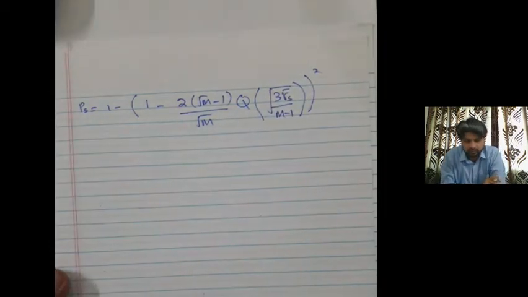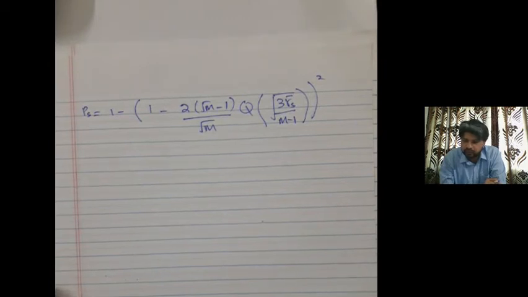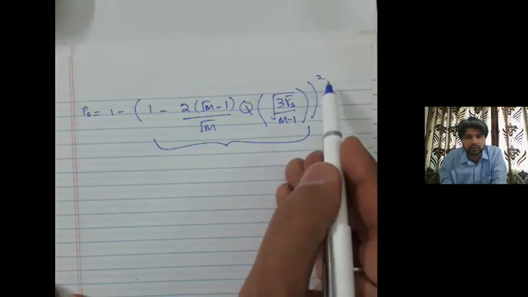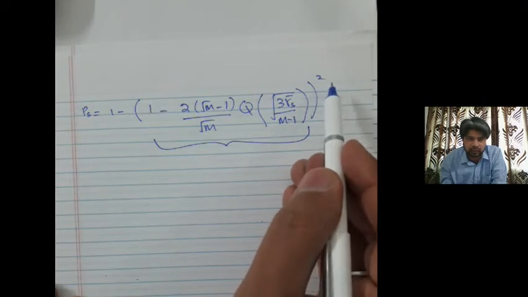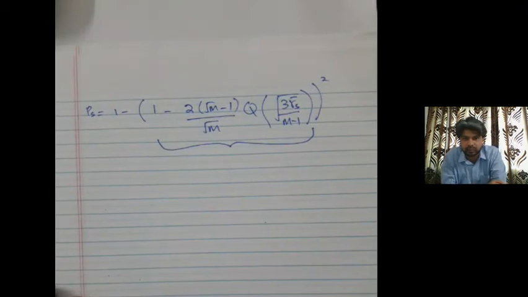So this would be your symbol error probability, which is nothing but 1 minus the probability of the correct detection of both of the branches, because the inner quantity is the probability of the correct detection of one branch. Square of that would be the probability of the correct detection for both of the branches. 1 minus that would give you the symbol error probability.